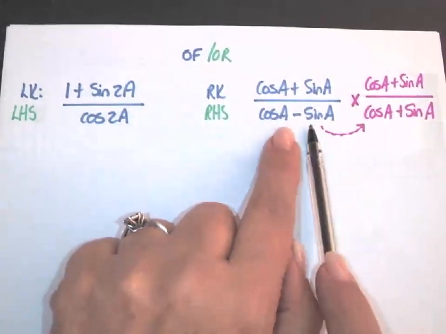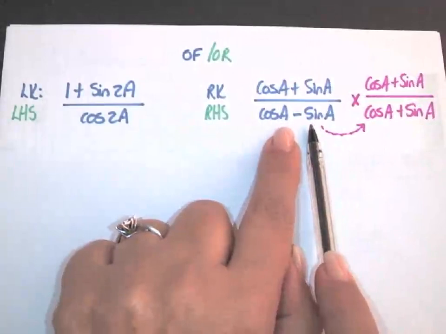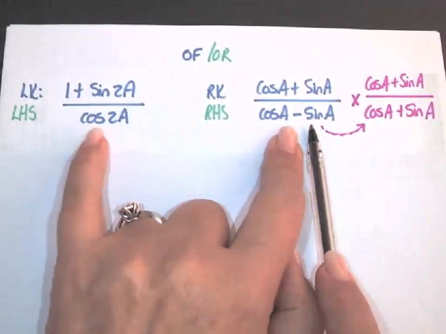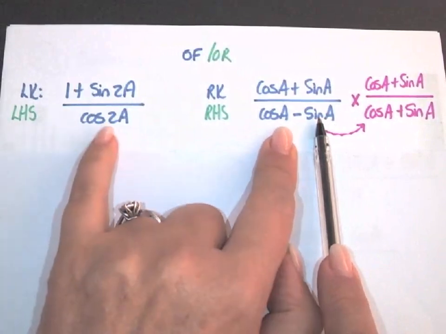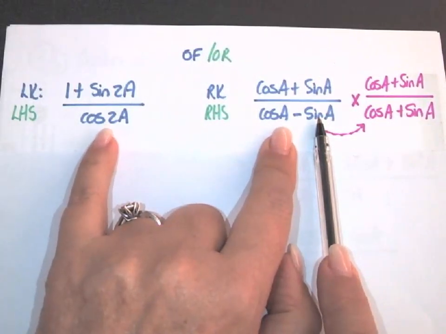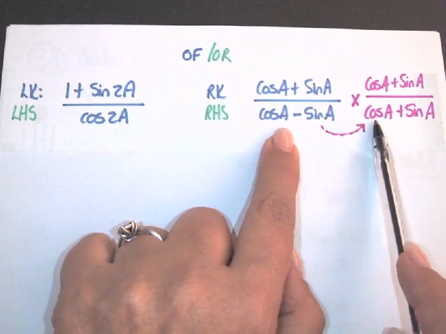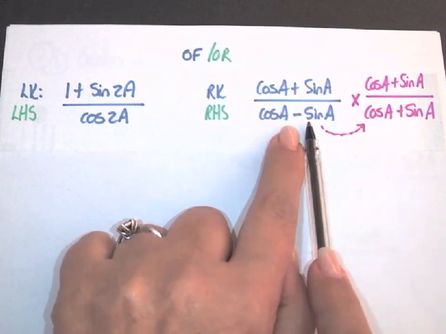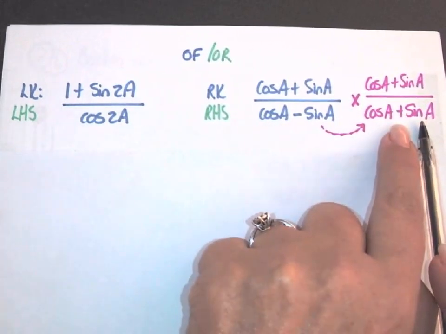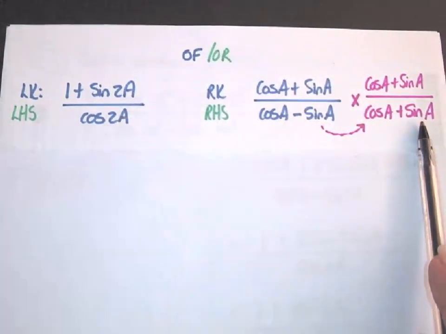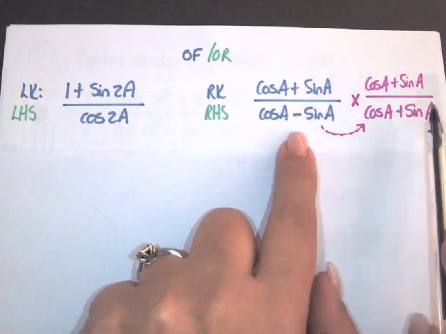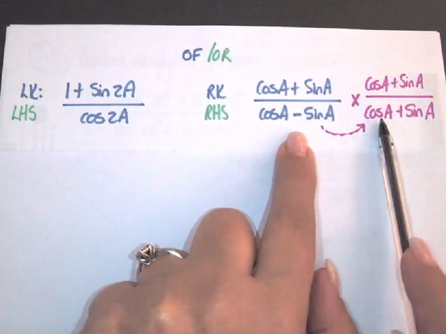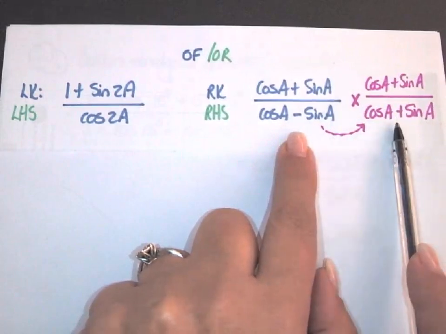I'm looking at this and I see that I want cos 2a. So this looks sort of like the cos 2a is one possibility. But I have to multiply it with the difference of squares to get the cos 2a's cos squared minus sine squared. So what you do at the bottom, you do on top as well, because that will form a 1 and you multiply with 1. Are you with me so far?